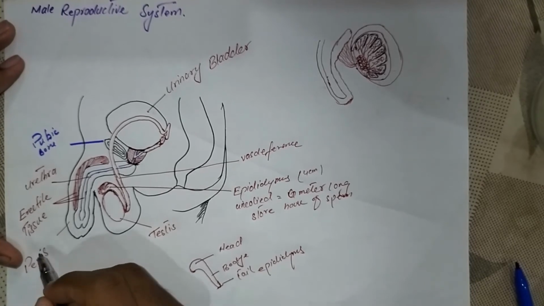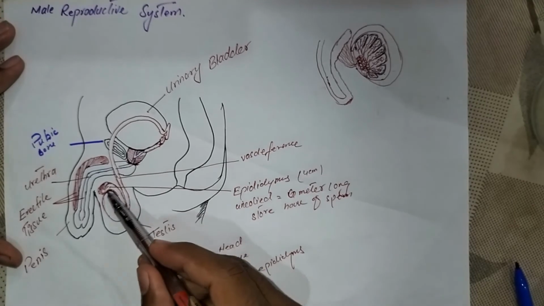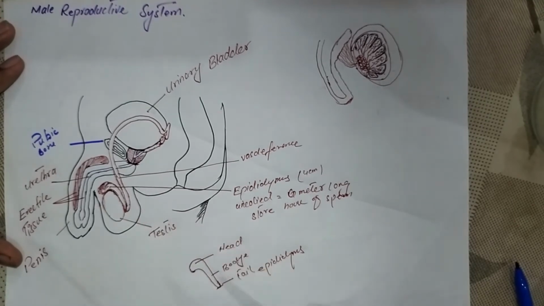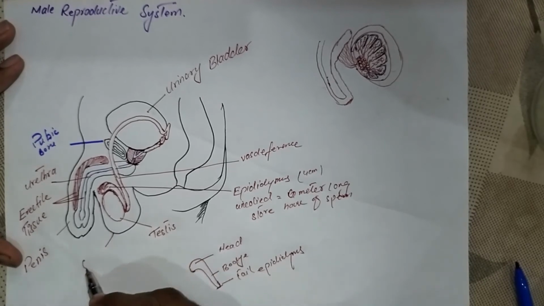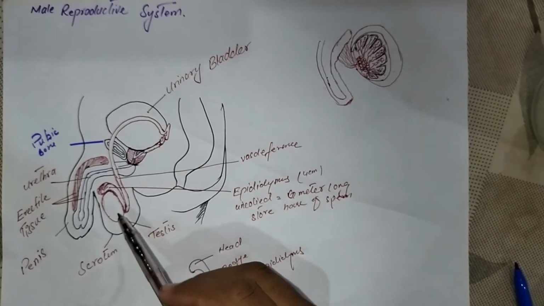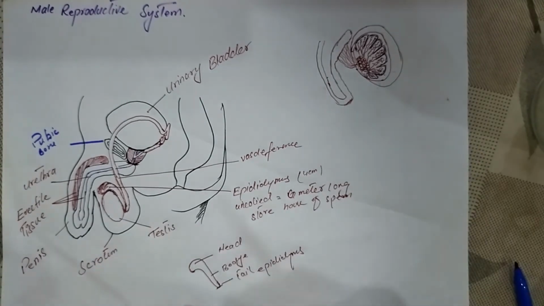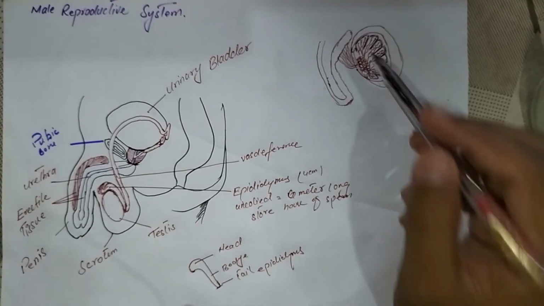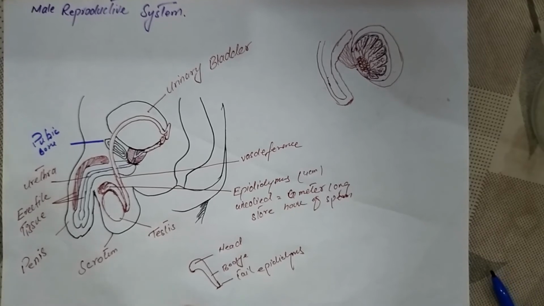The testes are lined by a cutaneous sheath called the scrotum, in which the testes lie. Now we have the testes here with broader magnification, and we label it.